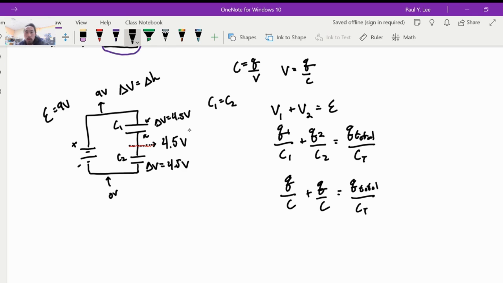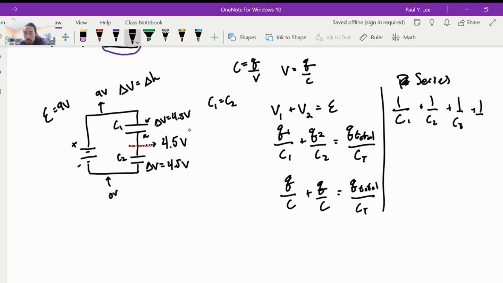From this formula, we know that we could just add up all the charges to give us a total charge, but it's the denominator that's important, and it's the denominator that gives us our formula. So the formula for capacitance for series is the following: 1 over C1 plus 1 over C2 plus 1 over C3 plus 1 over Cn, for n number of capacitors, is equal to 1 over C total.